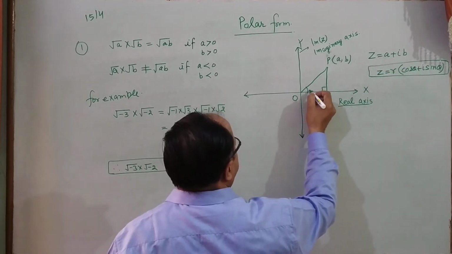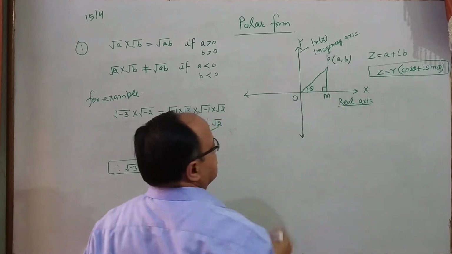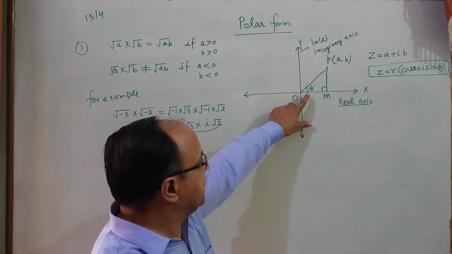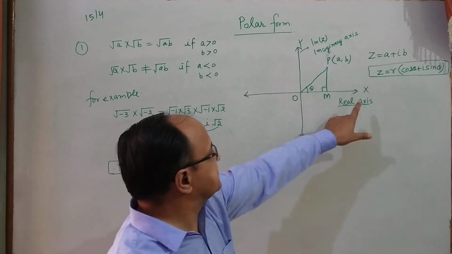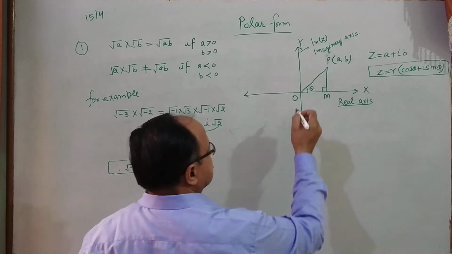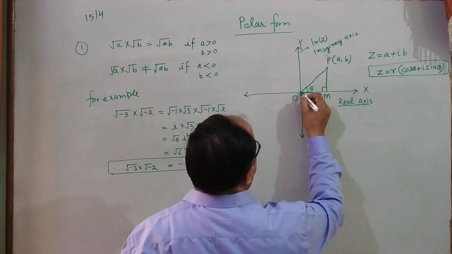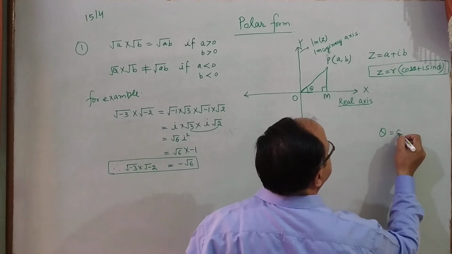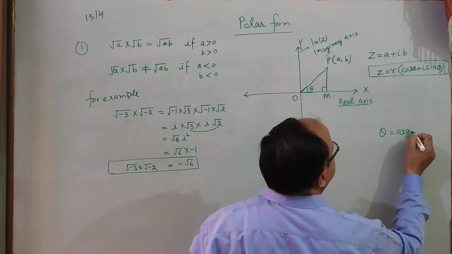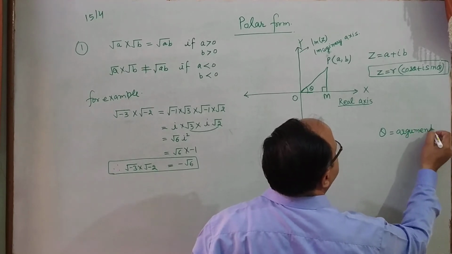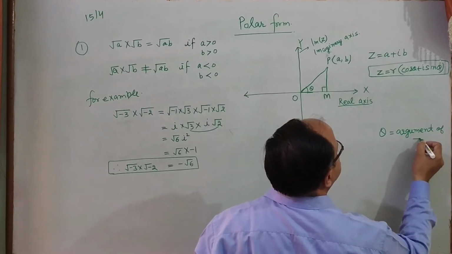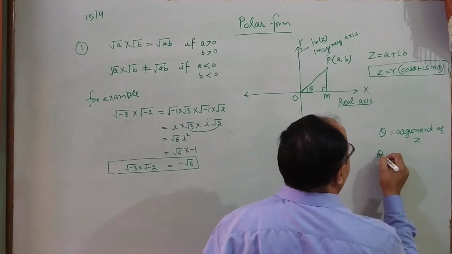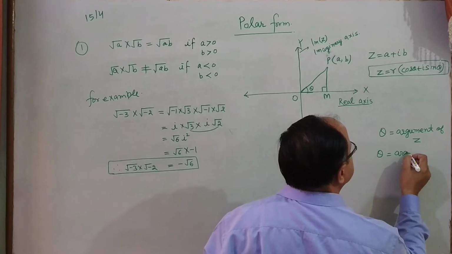This angle is called theta, the angle between the positive direction of the x-axis and OP. This theta is called the argument of z, or simply you can say arg z.